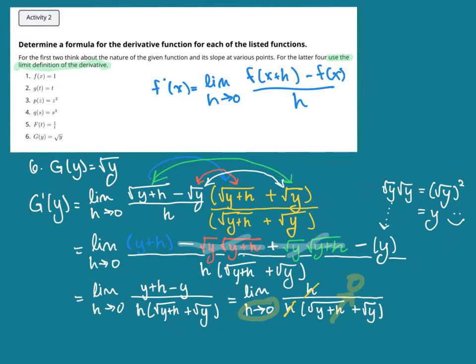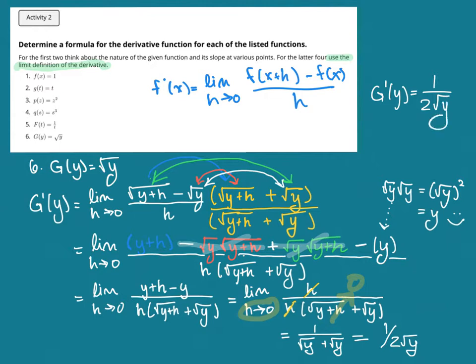What we have is 1 over the square root of y plus the square root of y, right? That first one is secretly the square root of y plus 0. We have 1 over 2 square root y. Okay, what a journey that was. G prime of y is equal to 1 over 2 square root y.